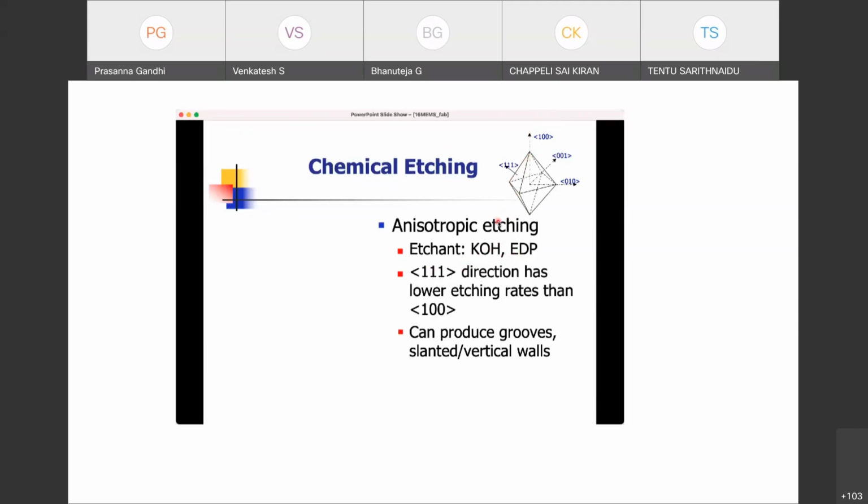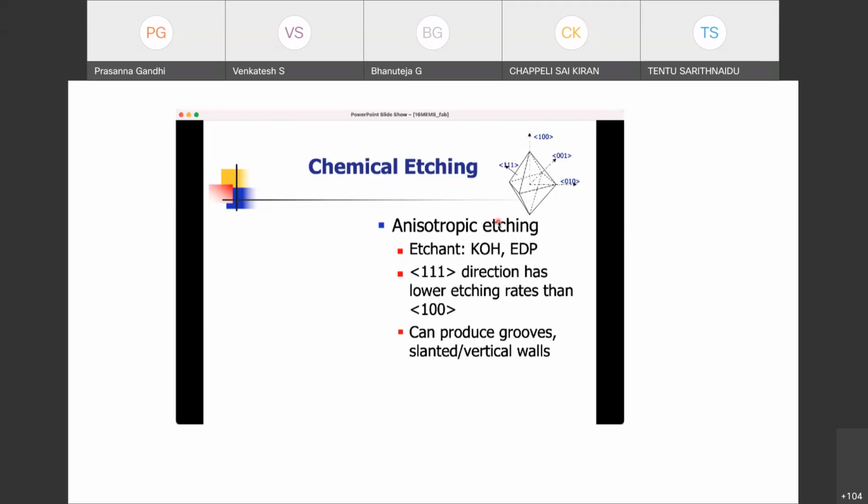So when you ask for a wafer, people will ask, okay, what wafer do you want? 110 wafer or 111 wafer? Depending upon what you select, if you select a 100 wafer, then the 100 direction of the silicon crystal is aligned perpendicular to the top surface of the silicon wafer.